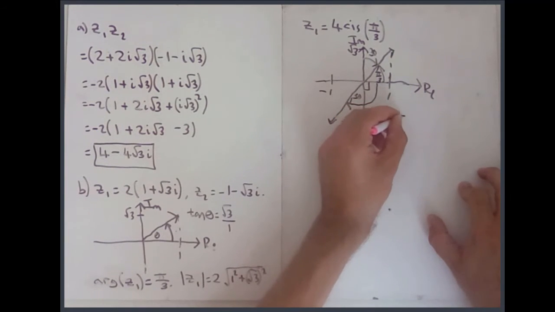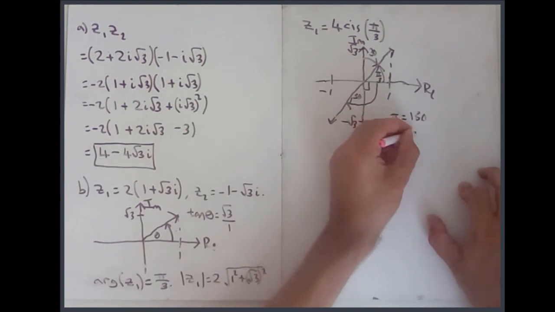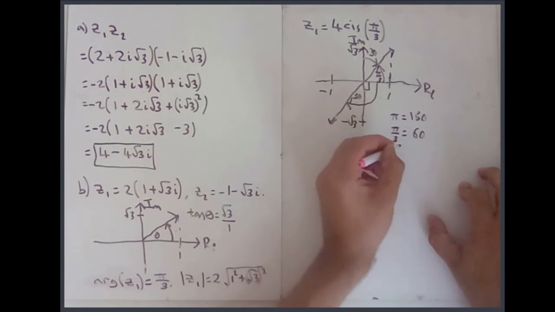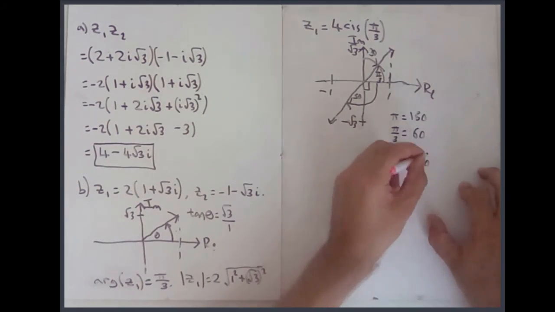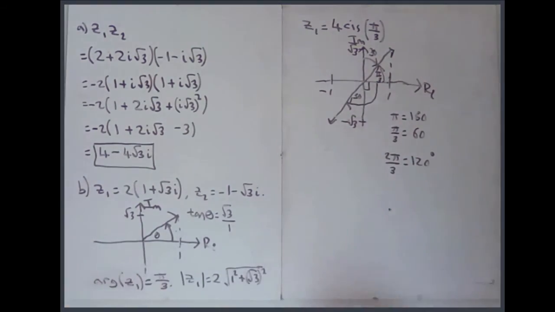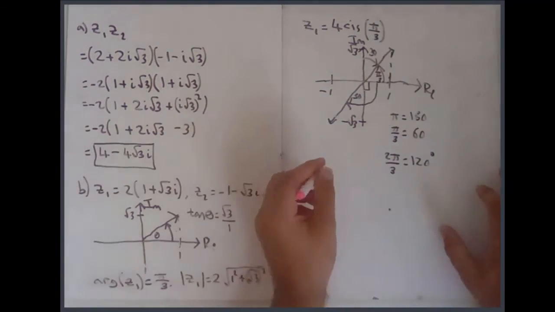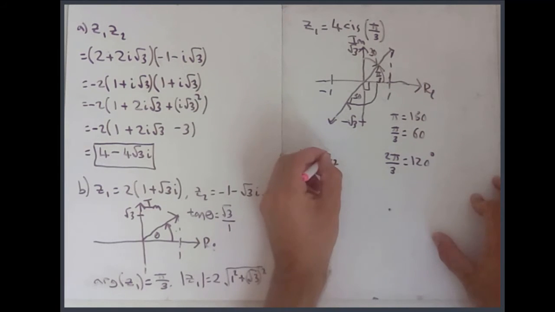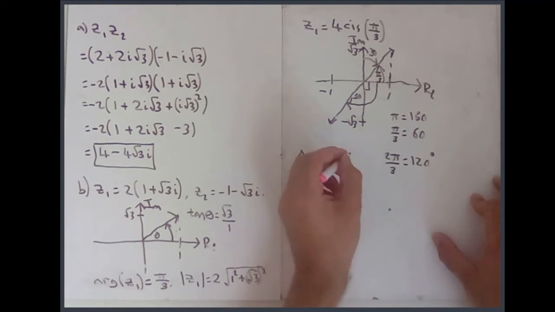Remember, pi equals 180. 60 is pi by 3. So 120 is 2 pi by 3. And it's negative because it's going that way around, it's going clockwise. So the argument of Z2 equals minus 2 pi by 3.